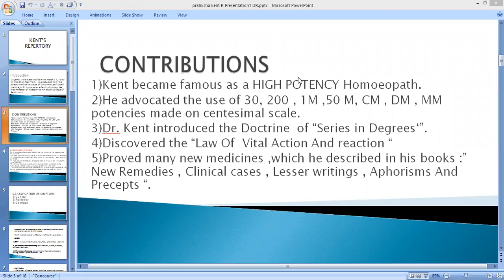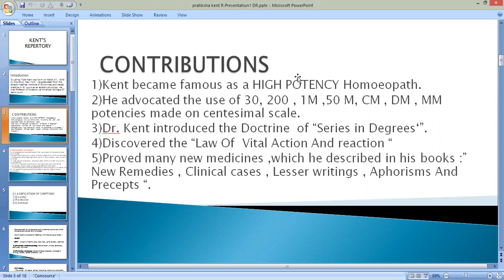Unfortunately that corrected copy was stolen, and it was published with the help of Diwan Harishchand. He was successful in buying the stolen handwritten copy, and it was nothing but the seventh edition, or revised first edition, or final general repertory of Kent.